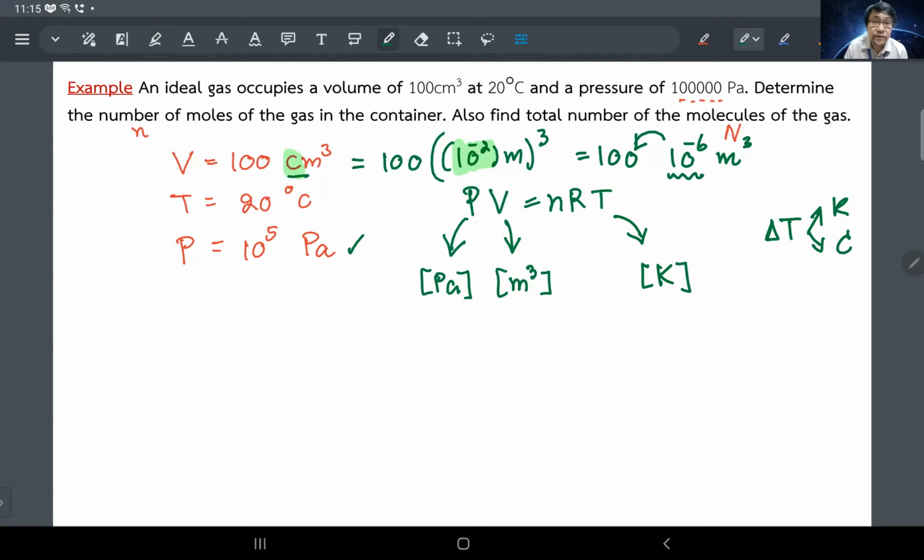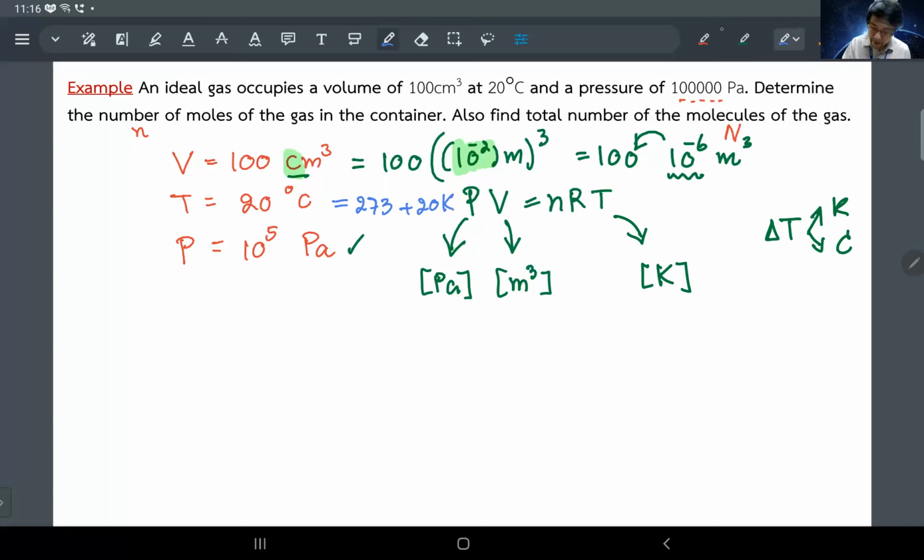You get the same amount of change because the resolution of the Kelvin scale and the Celsius scale are the same. So the delta T will be the same in both scales. But for this equation, you need to take the temperature to be in Kelvin, and that needs to be converted as well. We just add 273 to it to make it Kelvin. All right, and that's it, guys.